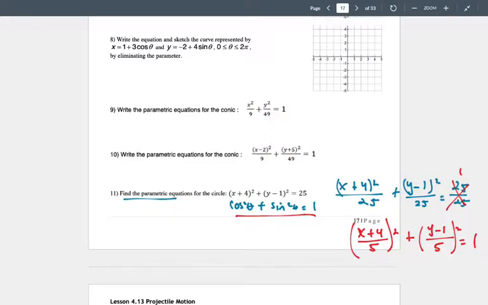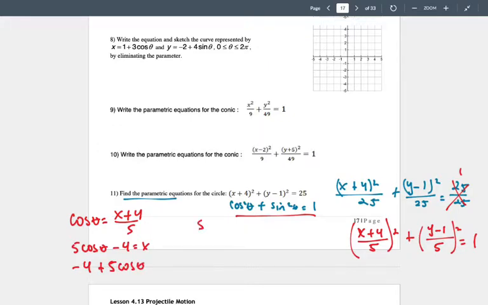So cosine theta equals the first one. So we'll have 5 cosine theta minus 4 equals x. And you can write it like that, or you could have written it as negative 4 plus 5 cosine theta.